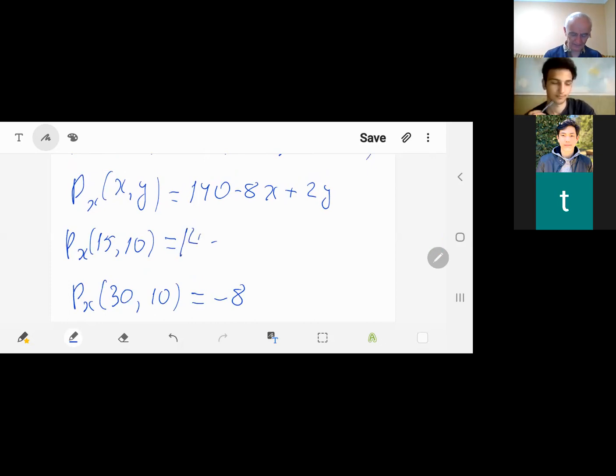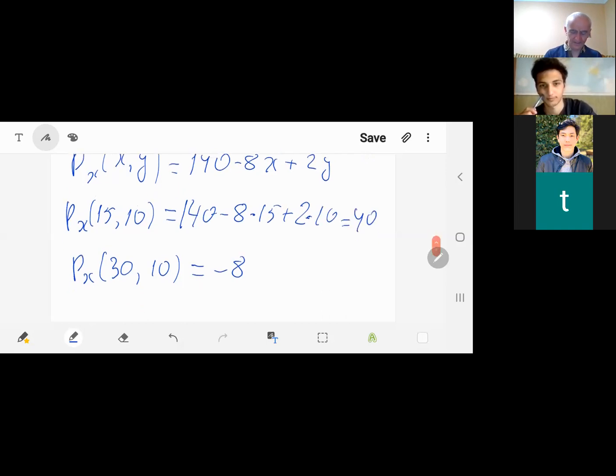So we have 140 minus 8 times 15 plus 2 times 10. Now we can use a calculator and it's going to be 40. In the same way, in the second case, we replace x by 30 and y by 10, and our final result is negative 80.